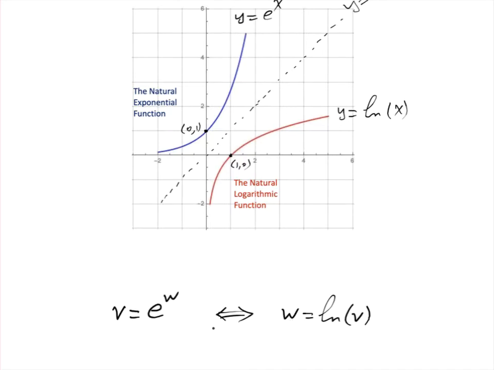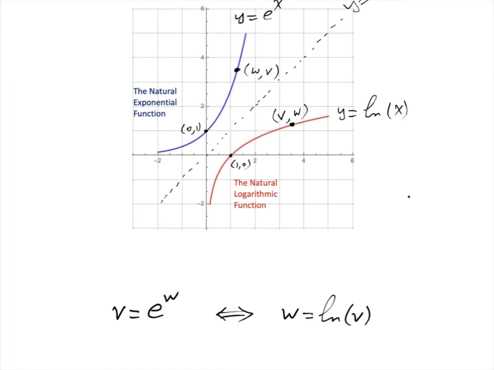So to see this on the graph, for example, if I pick a point like this point here, if I label it as w, v, w being the input, v the output, x and y, then by reversing the two, v comma w, I get this point. And that point is on the natural log function.